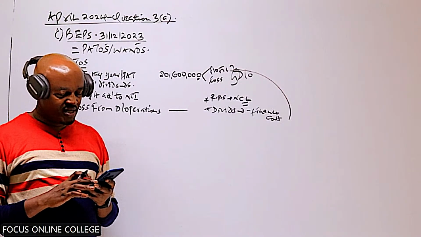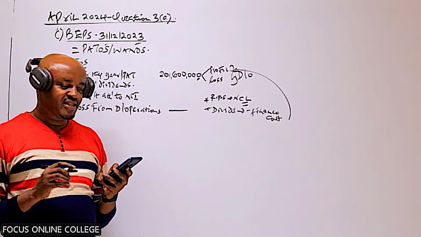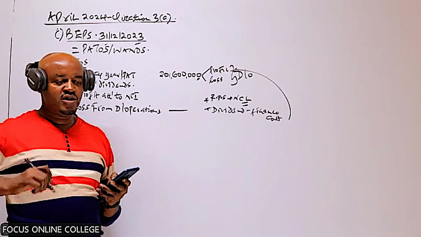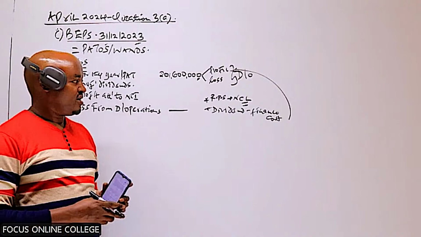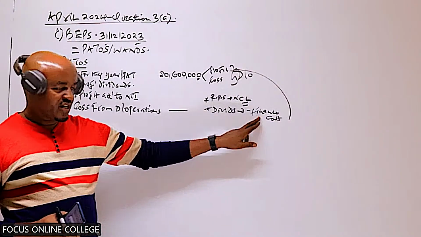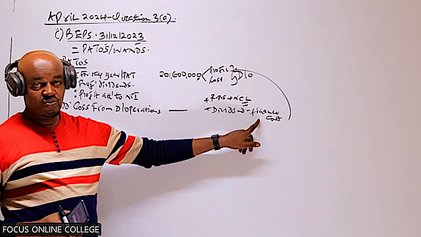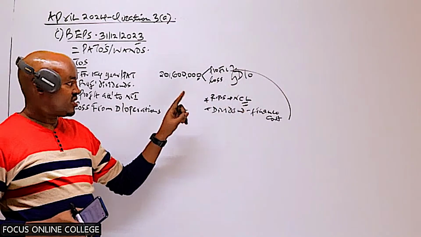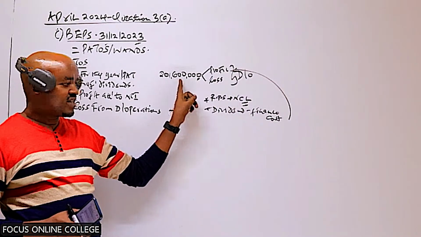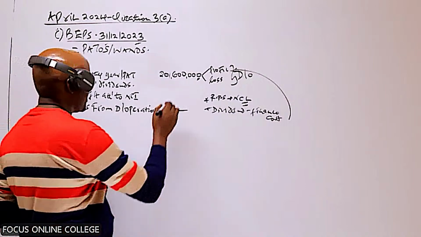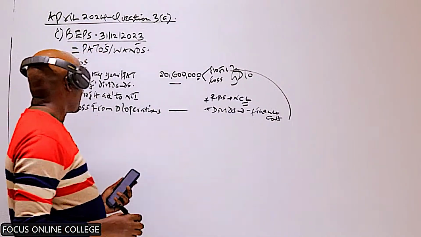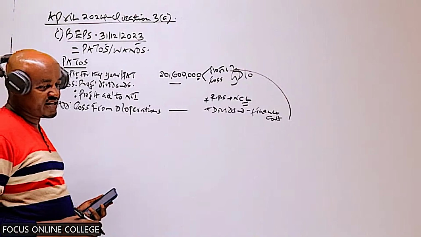Automatically no. Reason being, those preference shares, you can see they are redeemable. So if they are redeemable, their dividends were included as part of the finance cost. Finance cost, we know, is an expense which has already been deducted in arriving at that profit. So we will not deduct those dividends there.